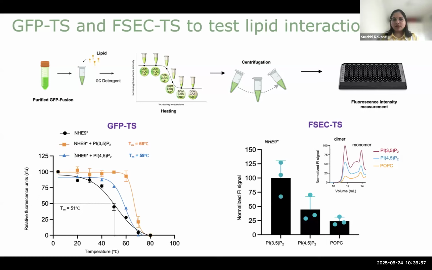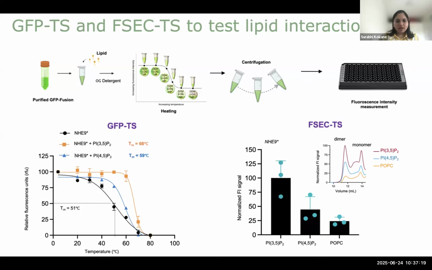We heat the sample at increasing temperatures, from let's say 10 degrees to 80 degrees, and then we spin it for almost half an hour. Then we pull out the non-precipitated sample and measure the fluorescence intensity.